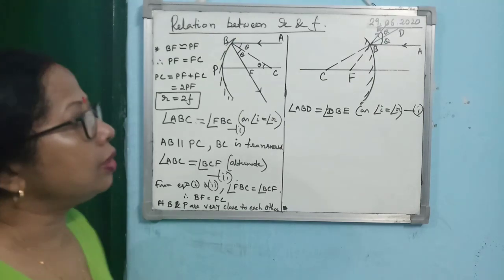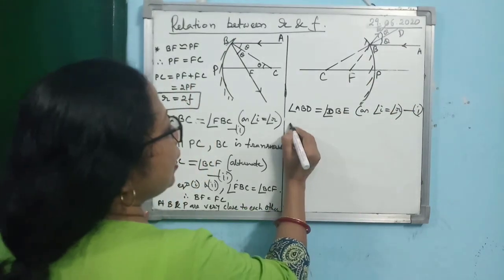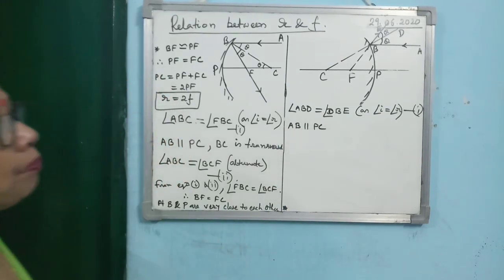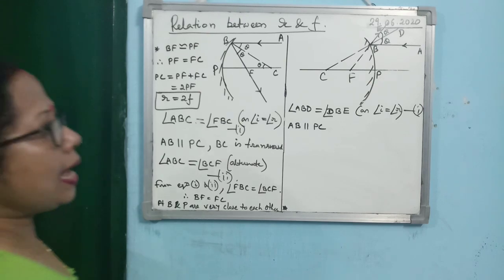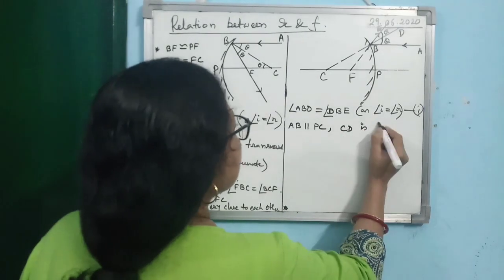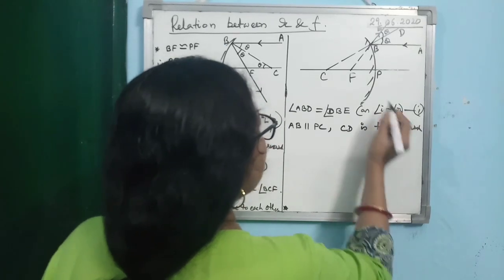Everybody has understood? Now, this is P, sorry. AB is parallel to PC and CD is the transversal. Then you see what will happen.